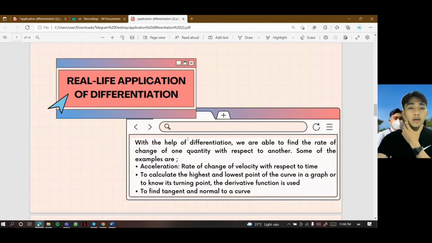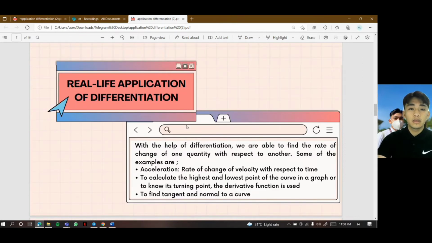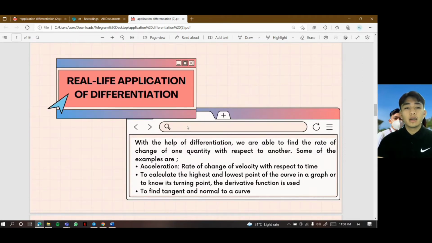Then, real-life application of differentiation. With the help of differentiation, we are able to find the rate of change of one quantity with respect to another. Some of the examples are acceleration, the rate of change of velocity with respect to time.